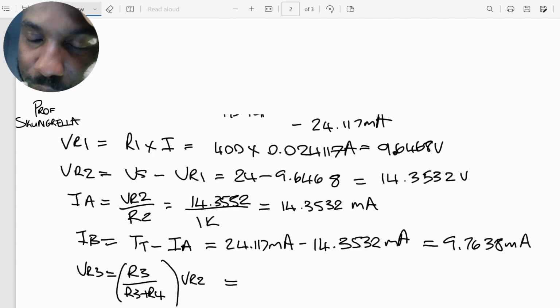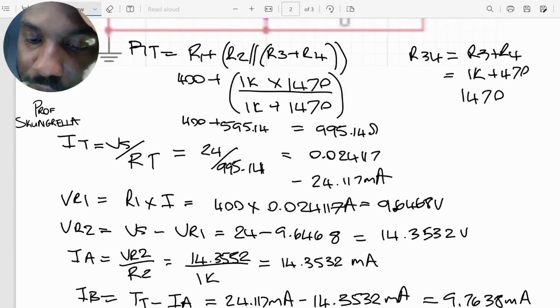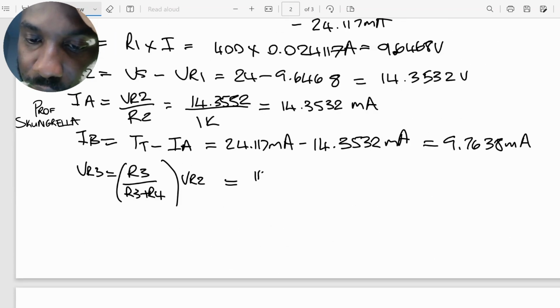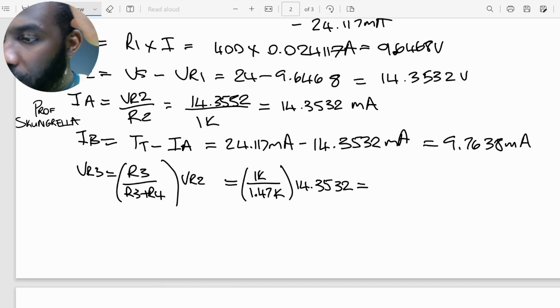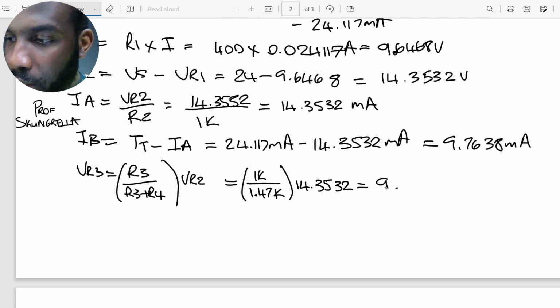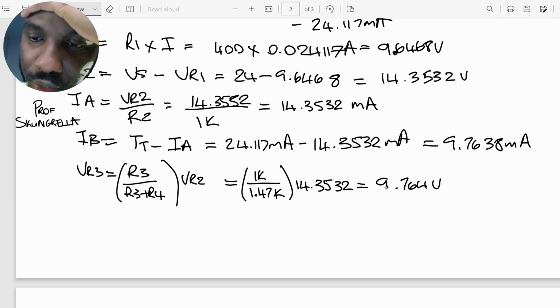Here we have 1K and 470, so this is 1K over 1.47K times VR2, which is 14.3532, and that gives me 9.764 volts.